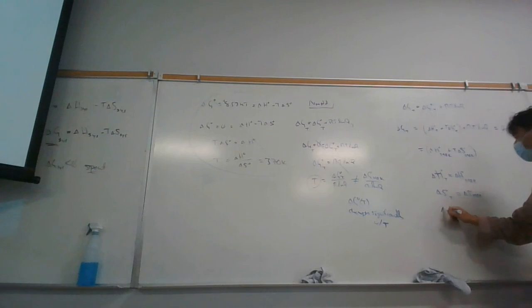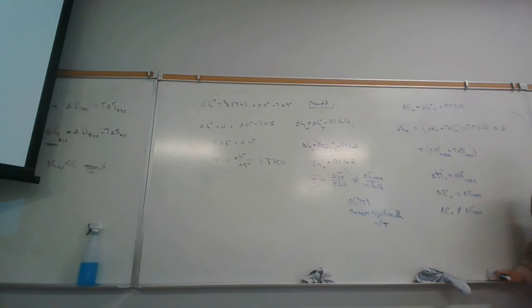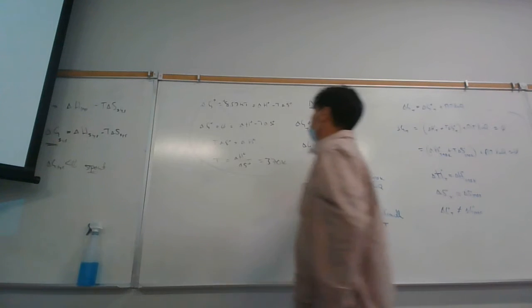However, delta G naught at temperature T is not equal to delta G naught at 298 Kelvin. So we're going to use these, plus RT ln of Q is equal to 0. Then we're going to rearrange this equation here.